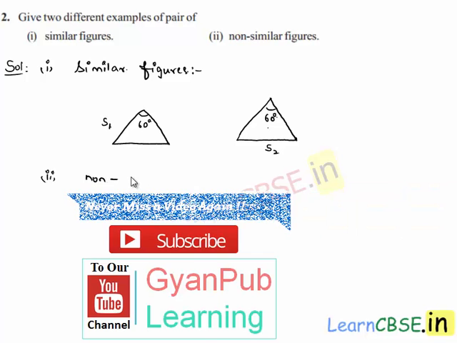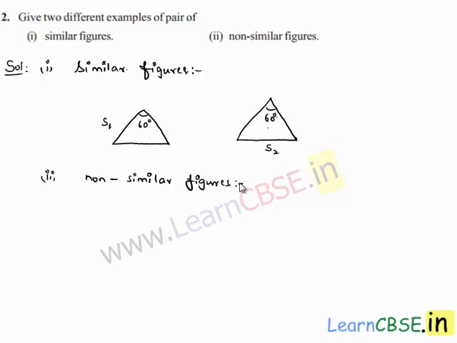Non-similar figures. Here let us consider an equilateral triangle with included angle 60 degrees and a square with included angle 90 degrees. Here the two figures are a triangle and a square. So there is no shape and size equality between the two figures.